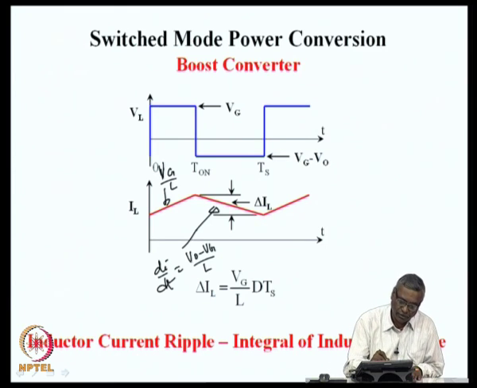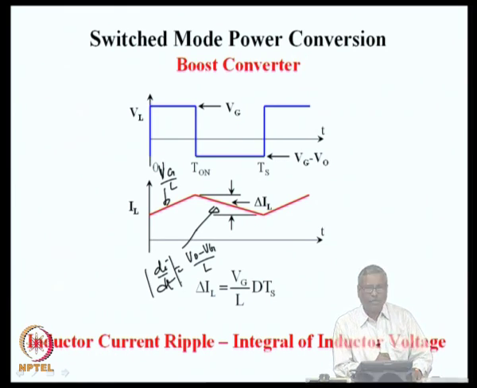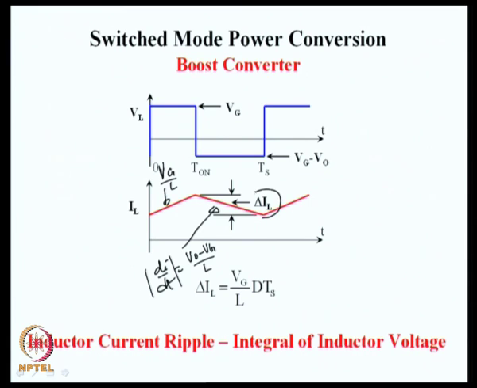This is the magnitude of di by dt. For steady state, the ripple in the positive rising half is the same as the ripple in the falling half. So, delta IL is nothing but Vg by L, which is the slope, multiplied by the on duration, which is dTs.